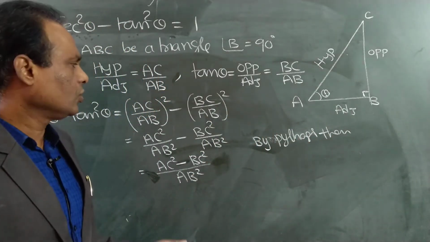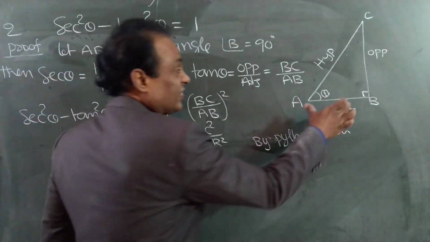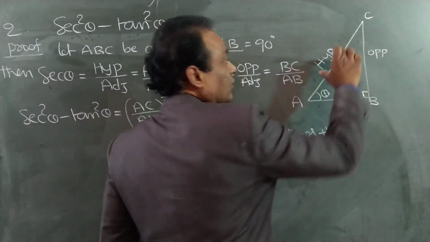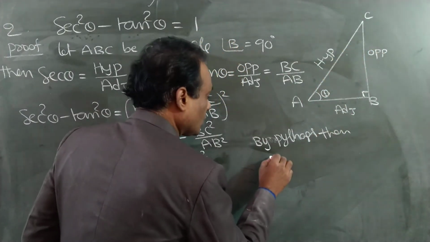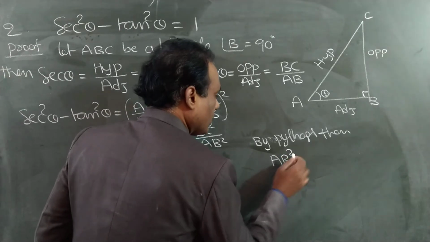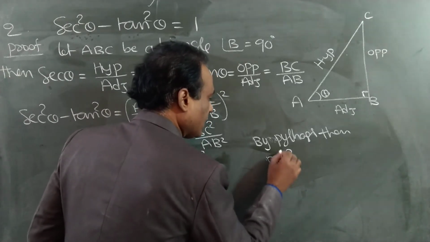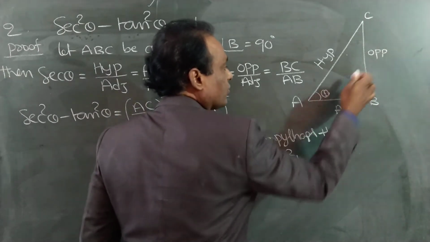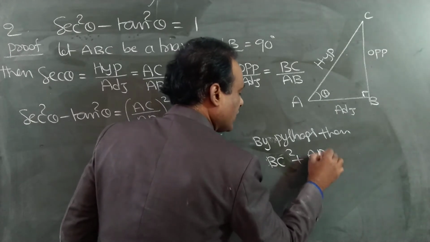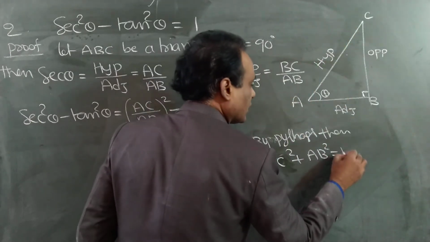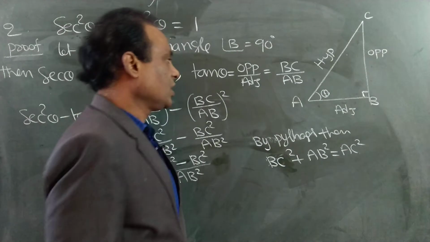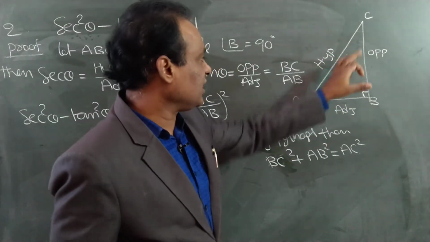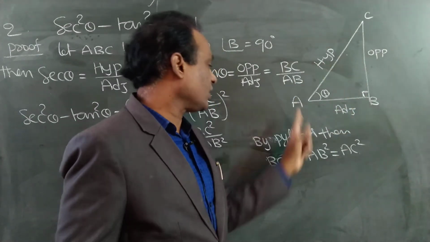So what is the Pythagoras theorem? Side square plus side square is equal to hypotenuse square. Opposite square plus adjacent square is equal to hypotenuse square: BC square plus AB square is equal to AC square.